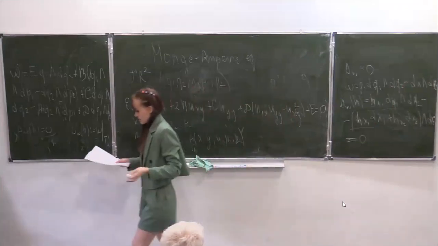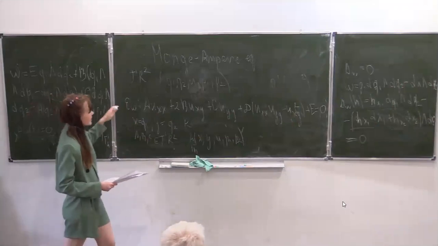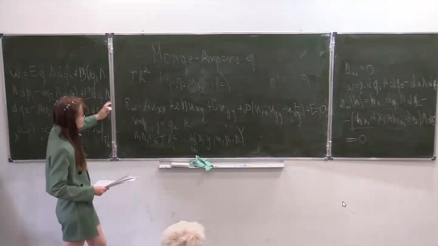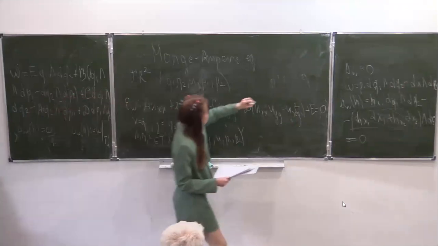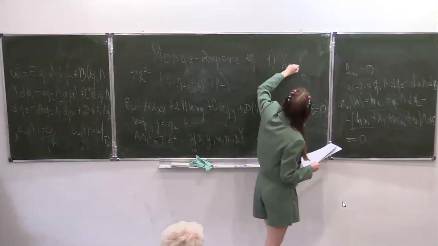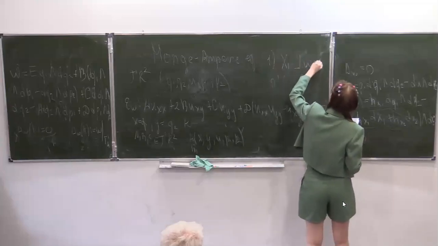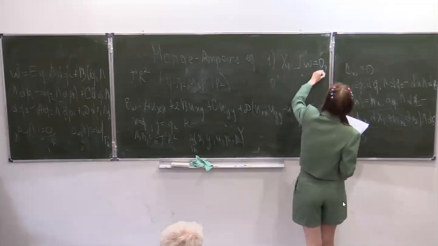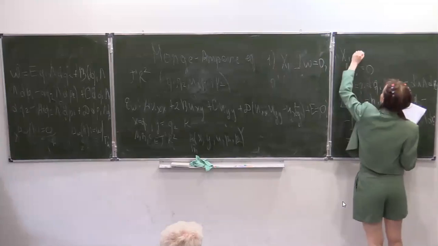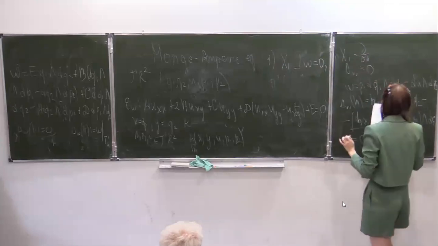What does it mean? An effective form omega satisfies two conditions. First condition: X1 contracted with omega equals 0, where X1 is the contact vector field on our distribution.